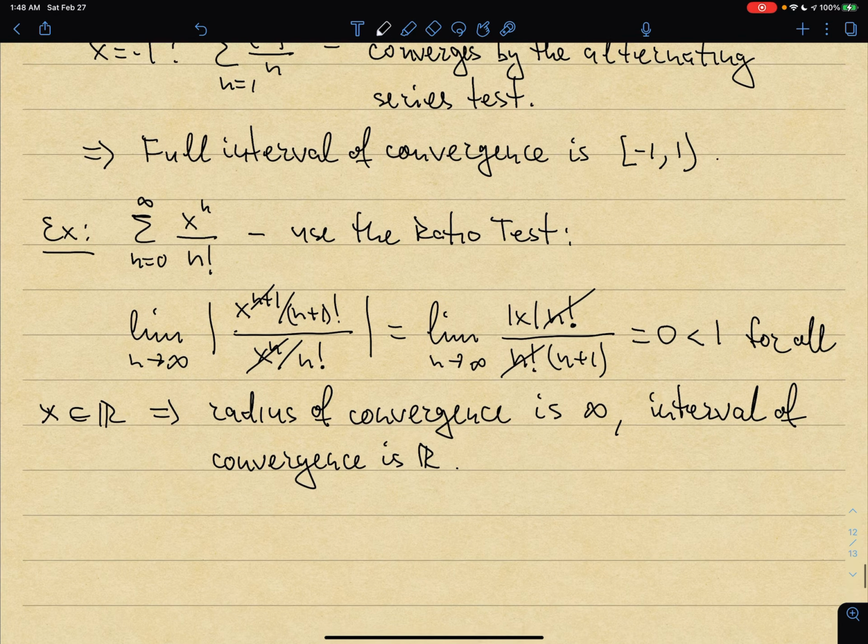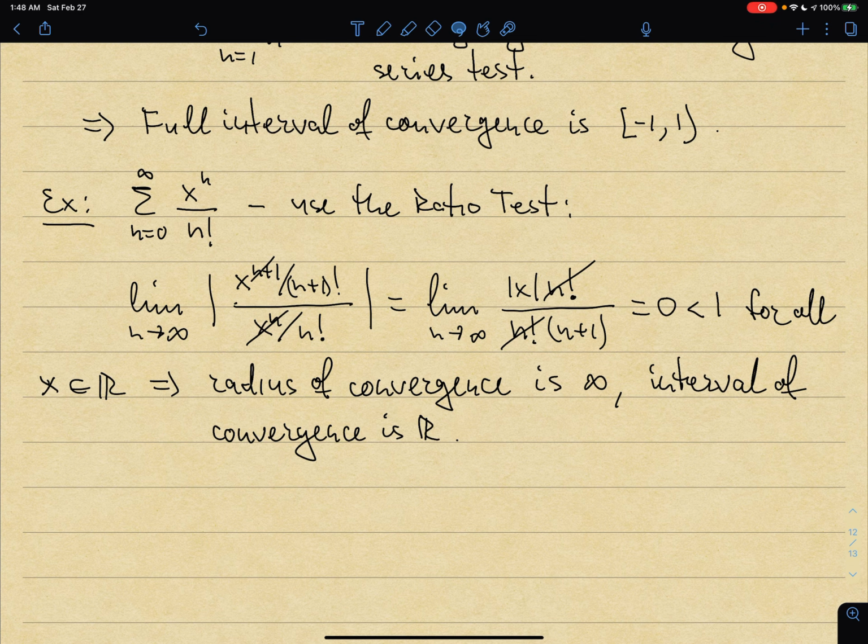Same deal in the last example. I know that this function, which is the sum of the series x to the n over n factorial, is defined at all points on the real line because I proved convergence at all points on the real line.